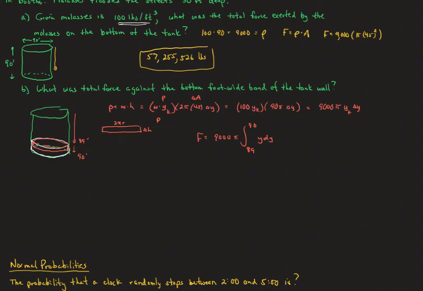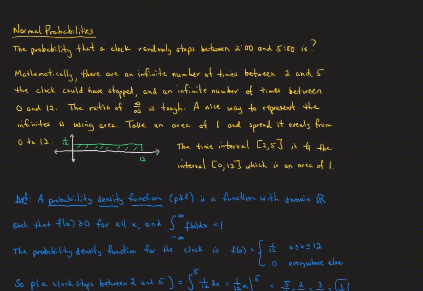So if you punch that into your calculator with the pi and all that, you get 2,530,553 pounds of force that are being exerted on that bottom foot-wide band. Okay?